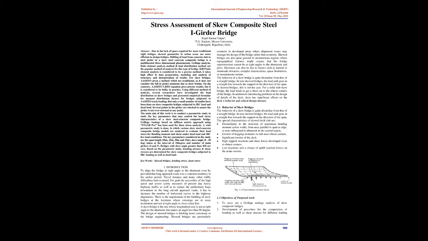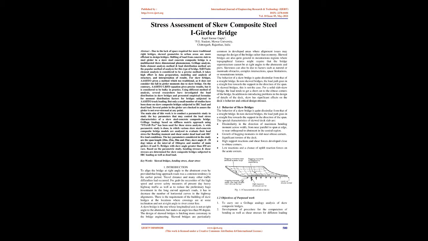Bridges with skew angle greater than 45 degrees are rare. Based on the parametric study, bending stresses and shear stresses are determined for skew composite bridges subjected to IRC loading as well as dead load. Keywords: skewed bridges, bending stress, shear stress.